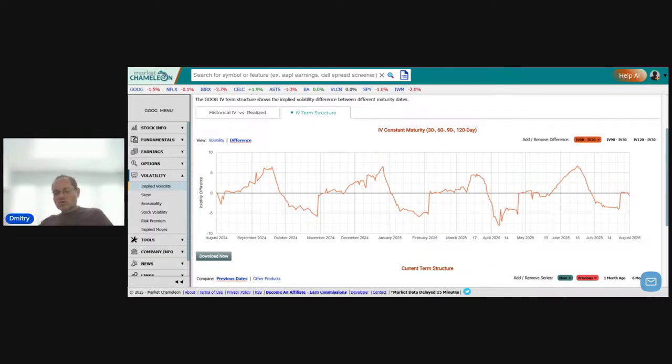If they were always exactly the same, let's say the implied volatility of 60 days out versus the implied volatility of 30 days move the same, if they're both 20, or both 30, the difference would be zero, right? The difference would always be on this zero line. But what we're seeing is that it fluctuates around. So if the 60-day is higher than the 30-day, we're going to be above zero. If the 60-day is lower than the 30-day, we're going to be below zero, right?